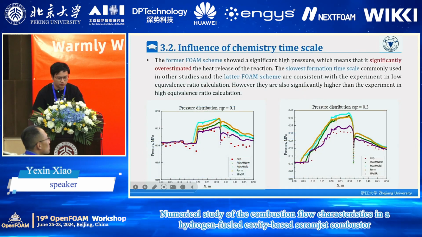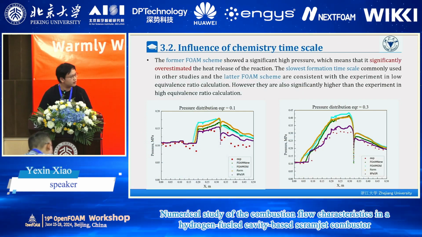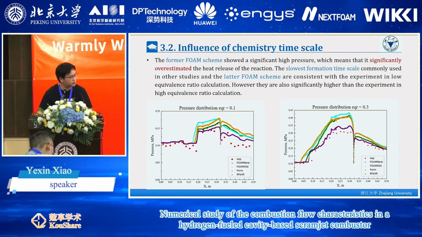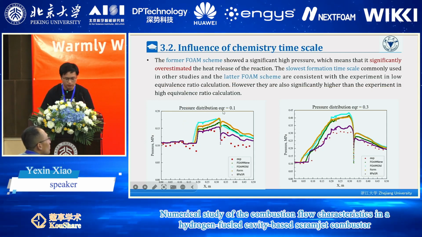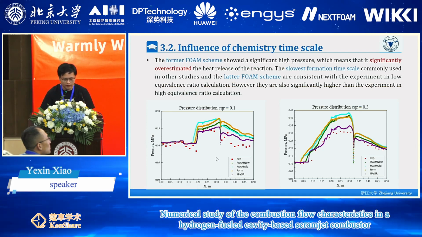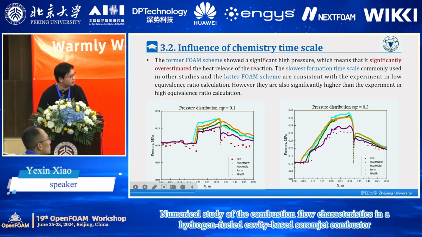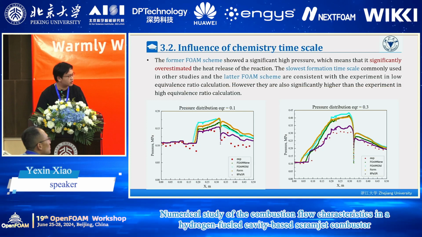And here is the wall pressure distribution along the flow path. EQR here denotes the equivalence ratio. When it is a low EQR case, the four schemes almost get an acceptable pressure distribution here.